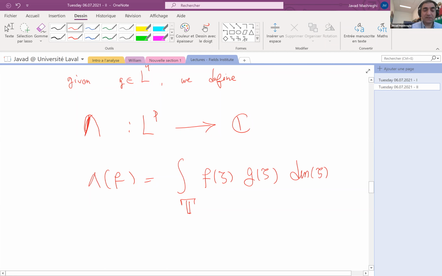And to emphasize that lambda depends on g, it is better to write lambda index g. Our variable for lambda_g is f.